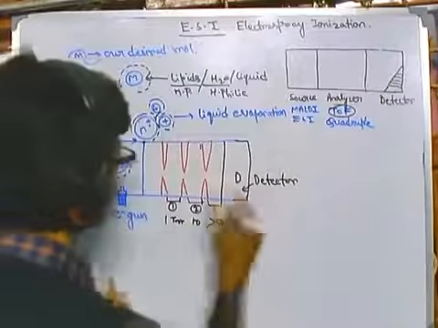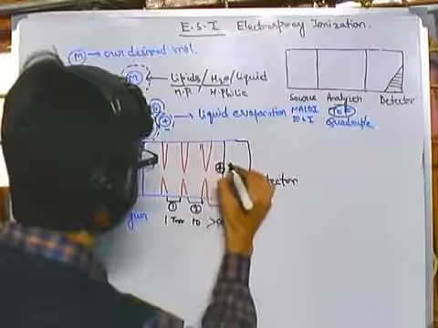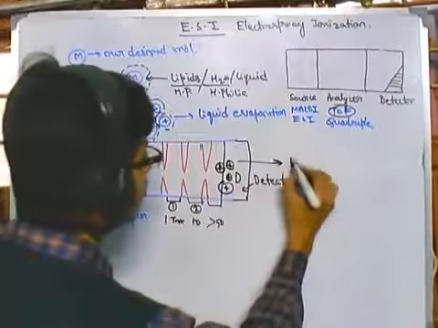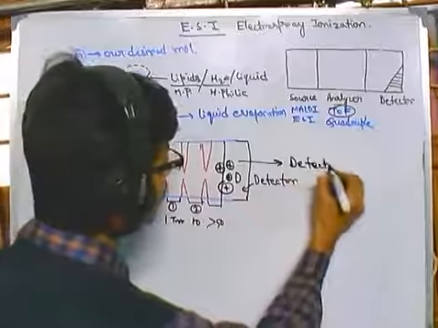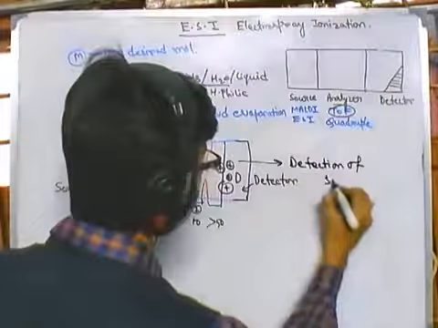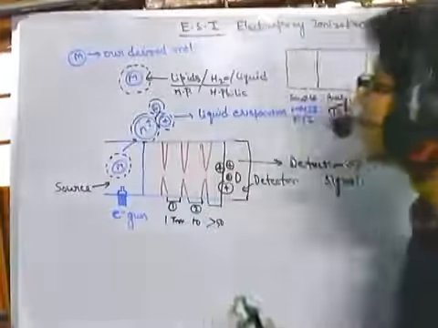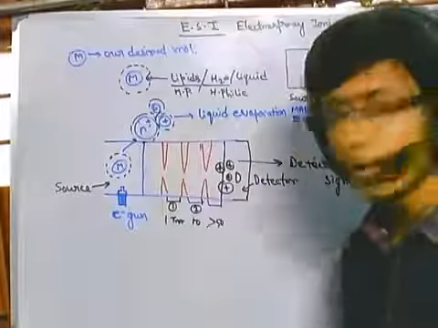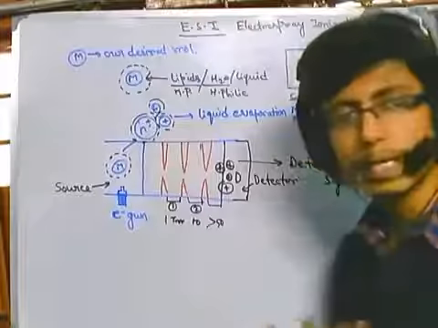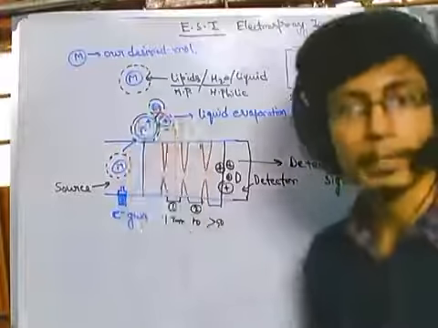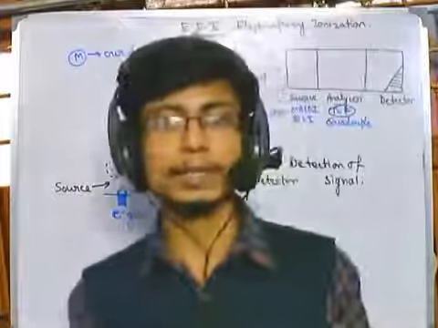So here we'll have only our particles, small or large. They will hit the detector, and then we have the detection of the signal. So this is how ESI actually works. It's very simple again, but a simple modification so that our molecule is not getting hampered. So that's it, and I hope that's helpful. Thank you.